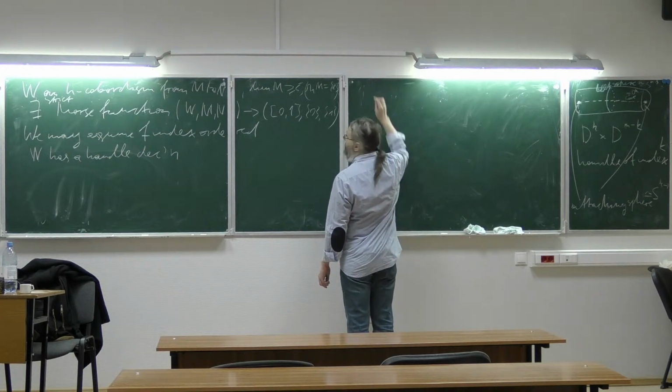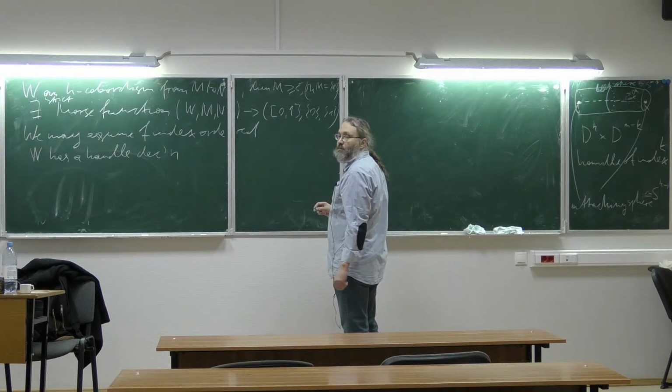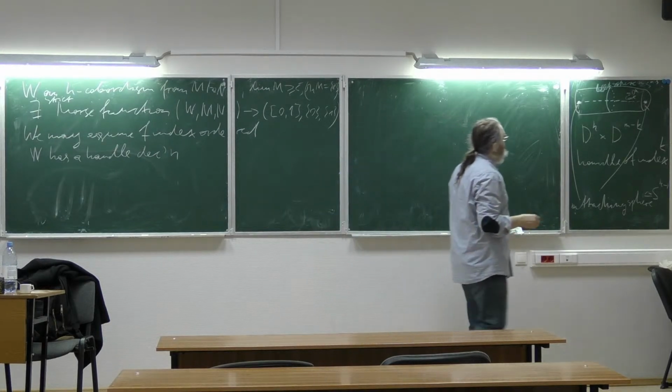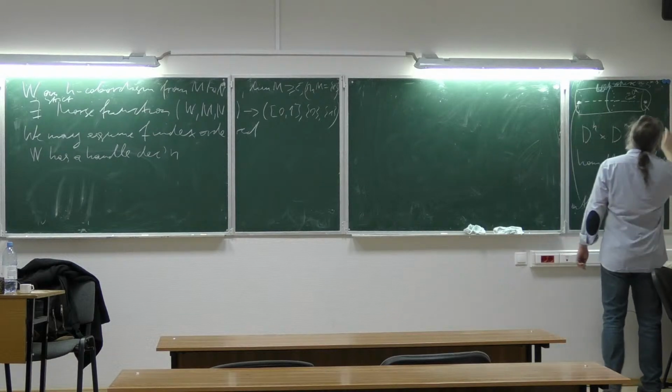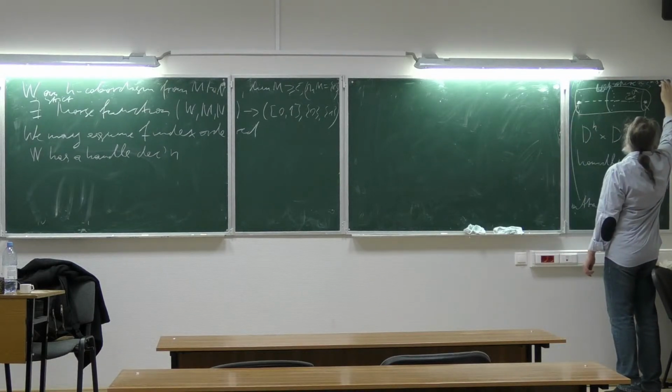Shouldn't the belt sphere be of dimension n minus k? Yes. Yes. Thank you.